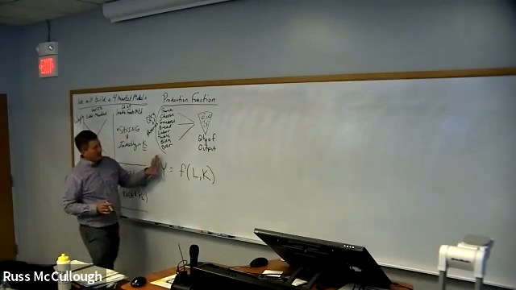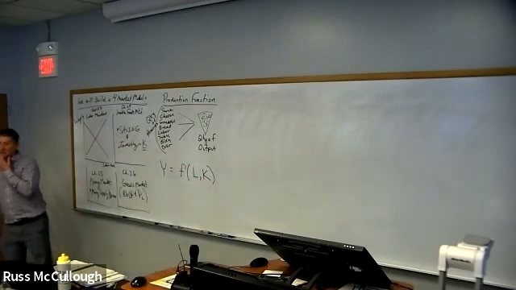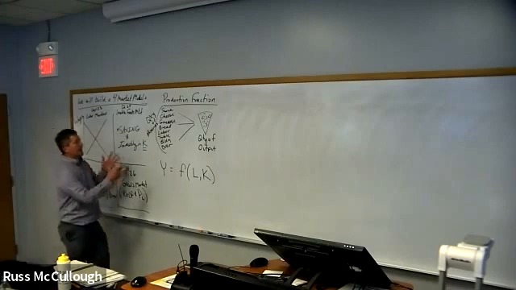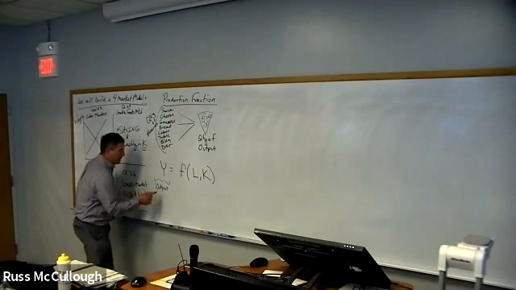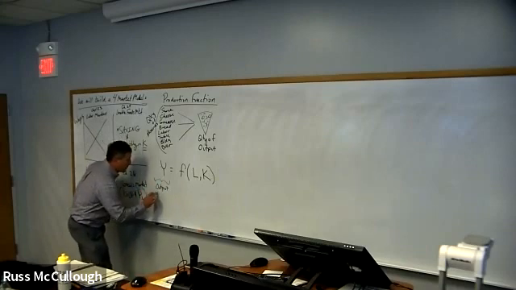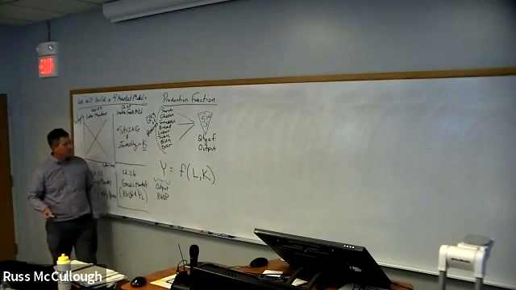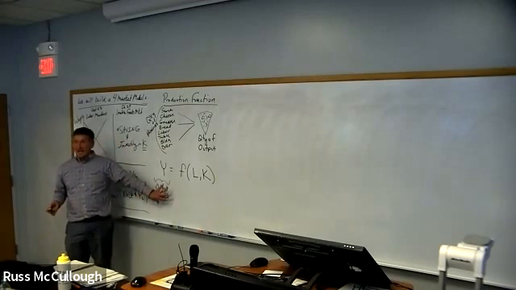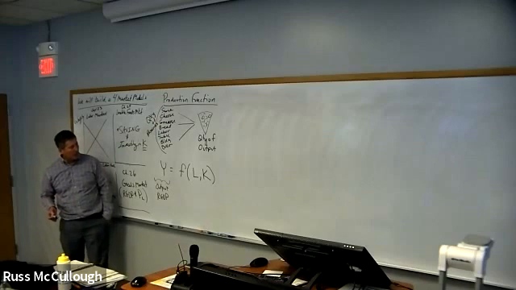So this is a generic way to write a mathematical formula. How we interpret this is we say output, which in our case we're going to say is real GDP. If we start thinking about the nation, we can think about what drives our output, what drives our GDP.